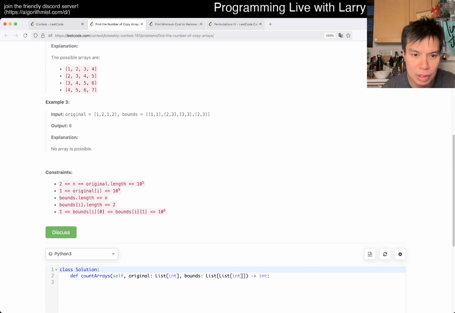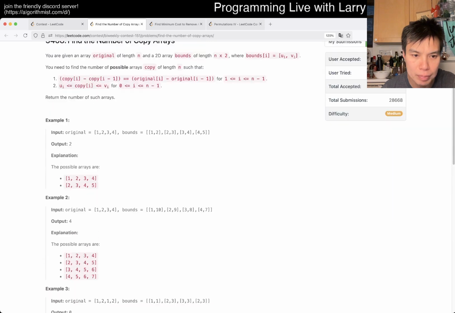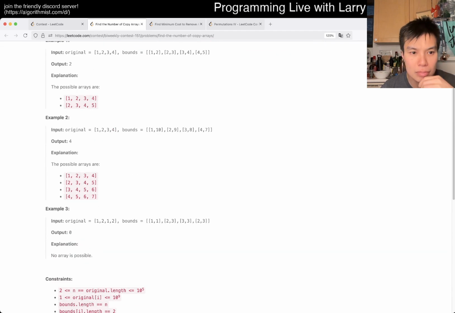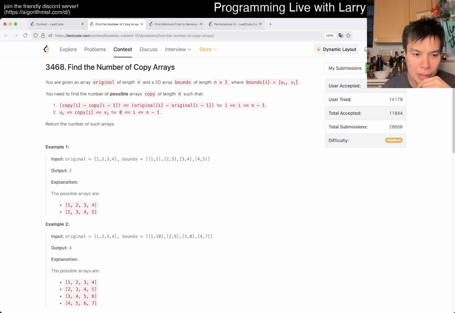Everything's just determined by the first number, right? Okay, let's see. So we can't do a for loop for the bounds. It's just binary search on the bounds, right? No, that's not true, because some can go too high, some can go too low.